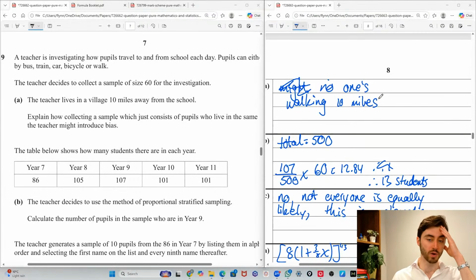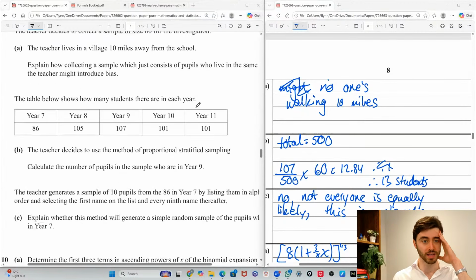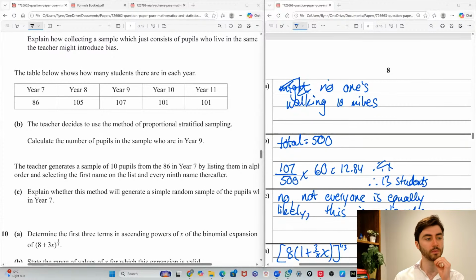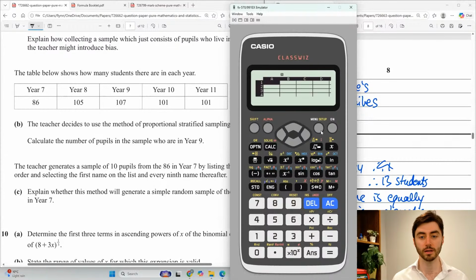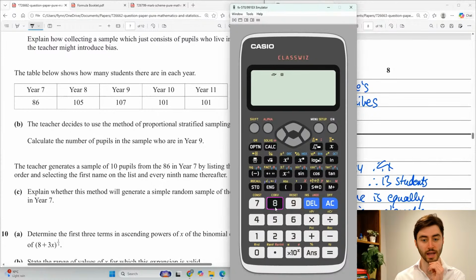So here, no one's walking 10 miles, so it's biased against that. Let me confirm. Well, no! I press buttons, guys. I shouldn't press buttons. Go back to calculations. I like calculations. Okay, 86 and 105 and 107 and 101 and 101 is 500.